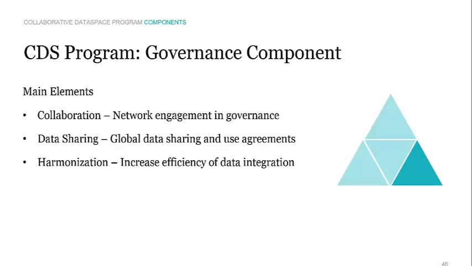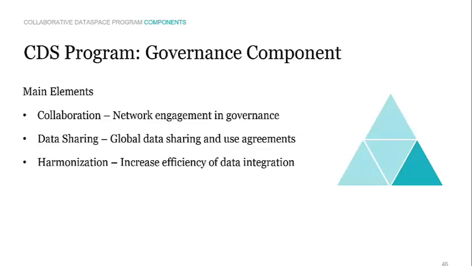The governance component. So anytime you're dealing with clinical trial data and you've got multiple networks playing in the same sandbox, you're going to need some rules. And so that's what this component is about. The main elements are collaboration, data sharing, and harmonization.